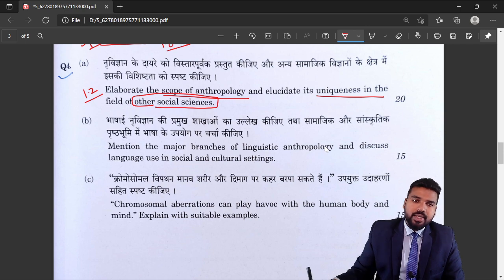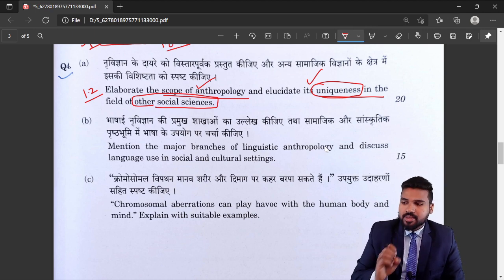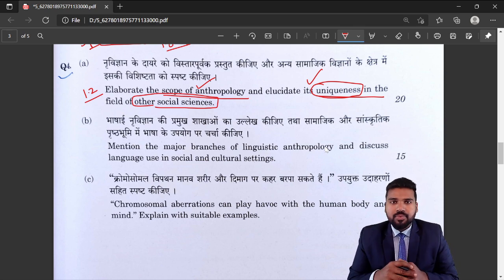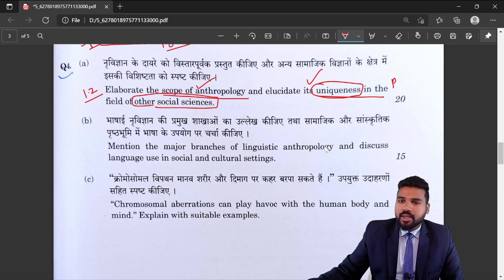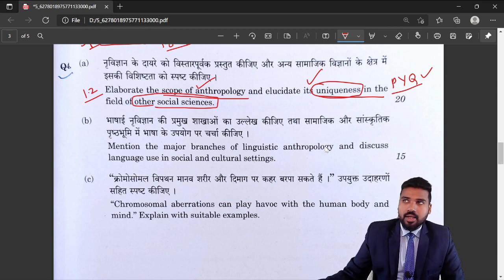Here you can elaborate on the scope of anthropology, and in the second section how it is unique when compared to other social sciences. So comparing with each social science, you can provide examples as well here. Is that clear? So this is a pretty straightforward question, and you can correlate it with your previous year questions, a direct question. And those who have attended the offline classes or are attending the classes of anthropology here, you know we have discussed these questions in detail, right?